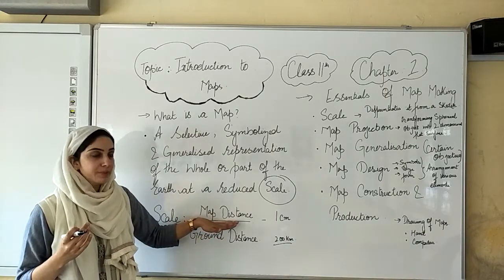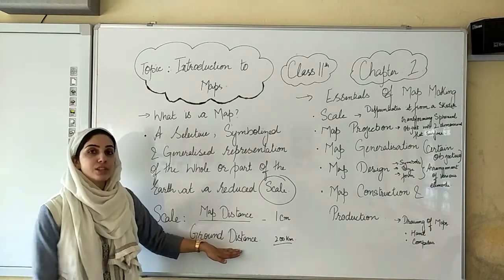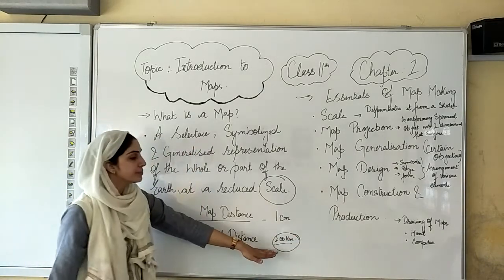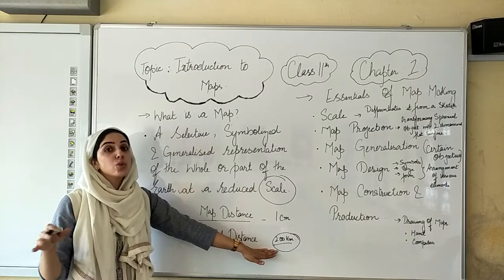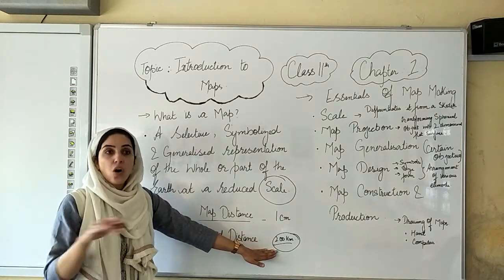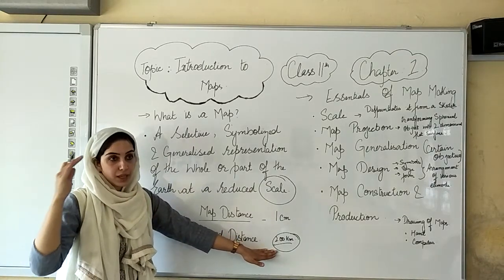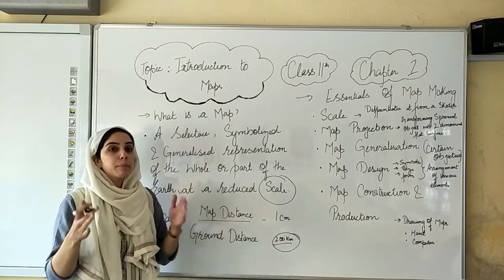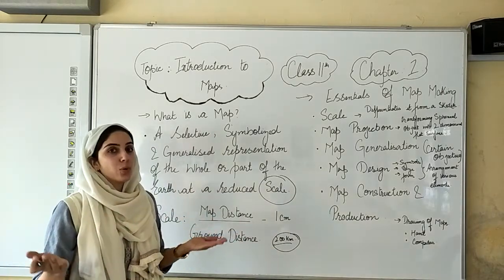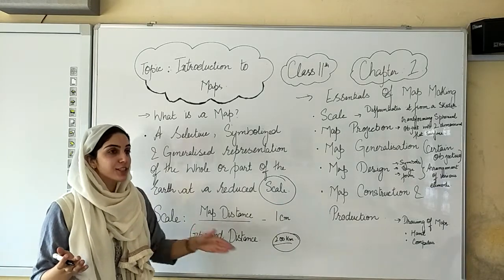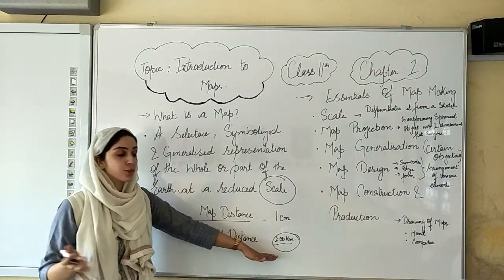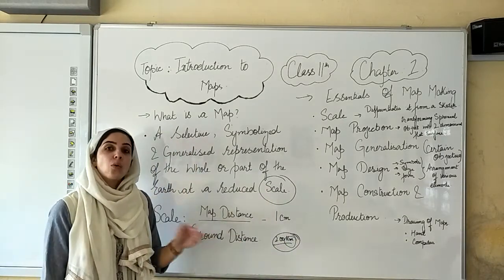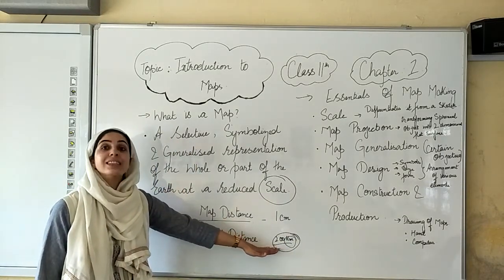For example, we have a ground distance of 200 kilometers, right? So we cannot show 200 kilometers on a sheet of paper. It is out of the imagination that we will have a paper or a sketchbook or anything else on which we can show 200 kilometers. So in that case, what we do, we reduce the length.